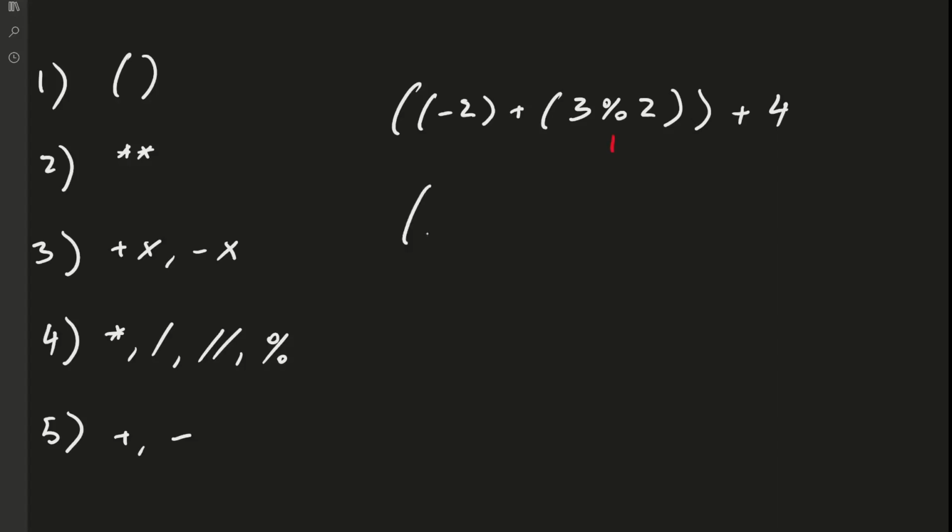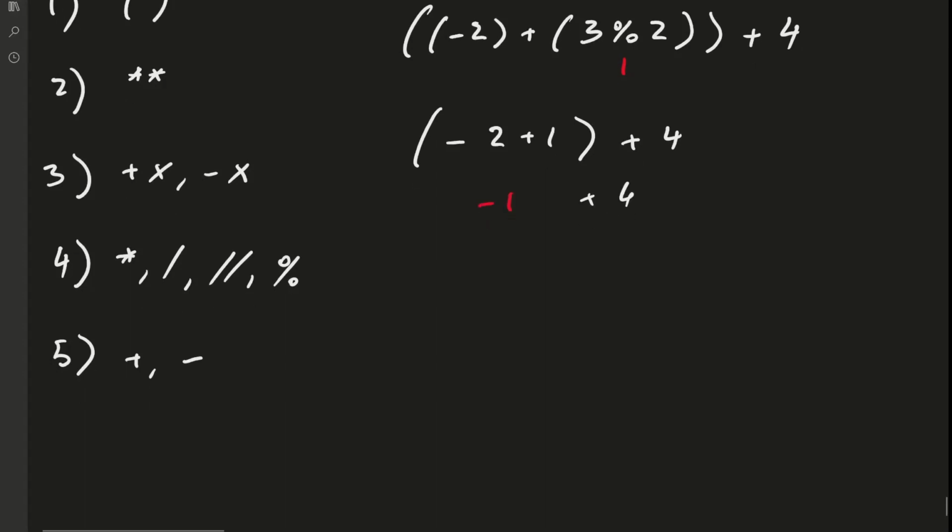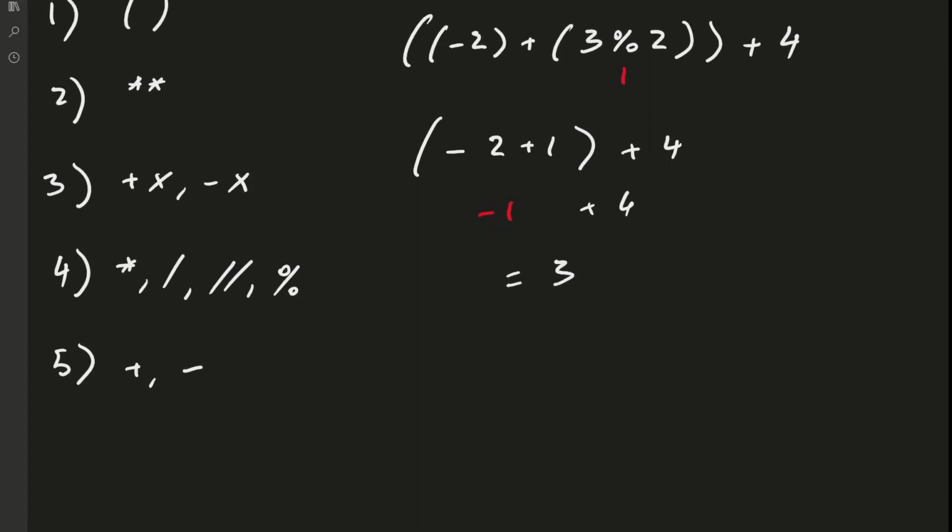So now we have evaluated this as -2 plus 1. And if we evaluate this, this is just -1. And then we have plus 4. And then this is just 3.